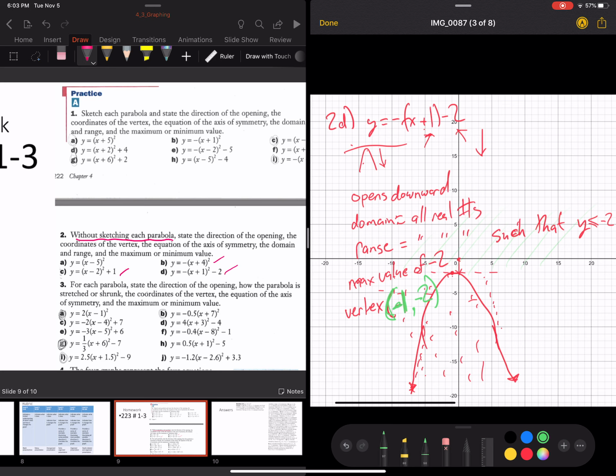Axis of symmetry is always right here at the vertex. And this is x equals minus 1. We get it from right here. X equals minus 1. And that's it. That's how we do question 2.